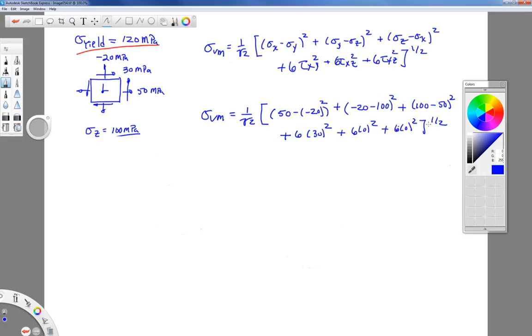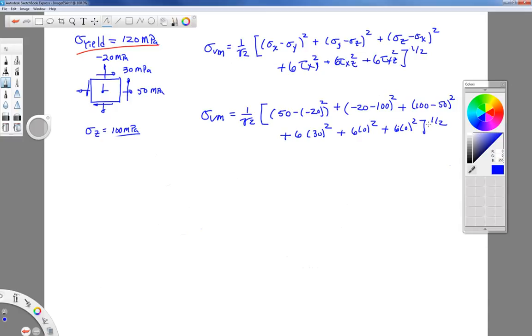So now let me get my calculator back out and calculate what the von Mises equivalent stress is. So 50 plus 20 is 70. I'm going to square it. Minus 20 minus 100 is 120 squared. And then I have 100 minus 50, that's 50 squared.